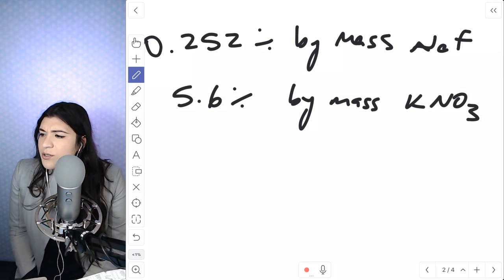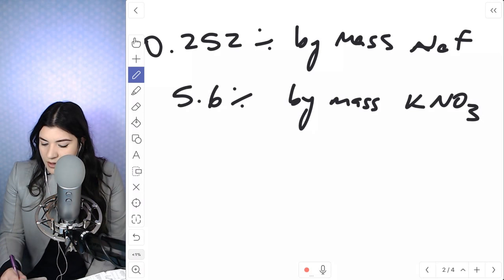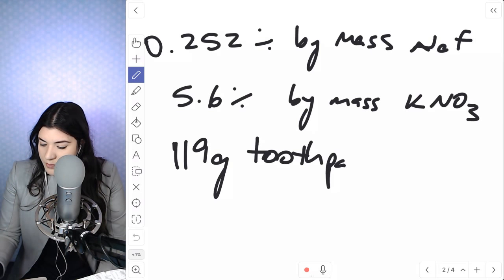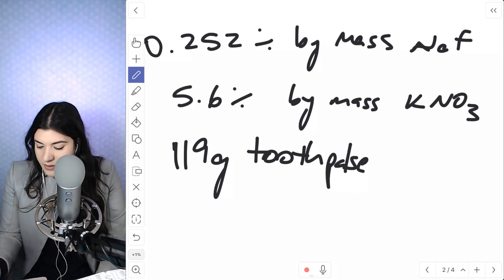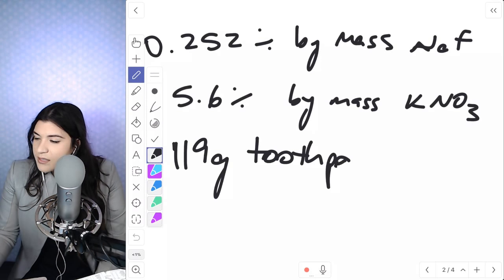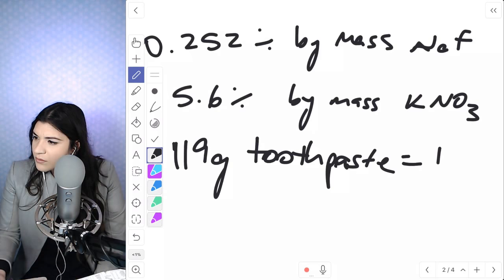One tube contains 109 grams of toothpaste. So this is toothpaste, and this equals one tube.